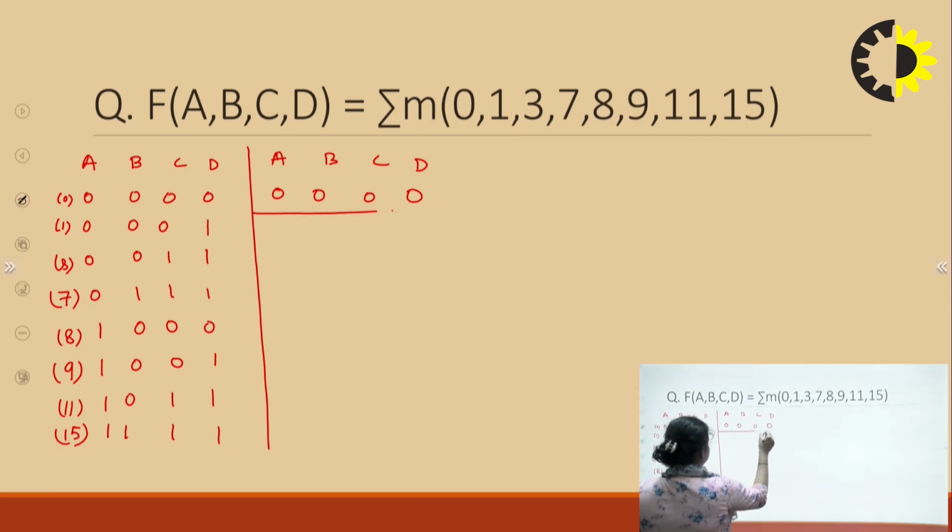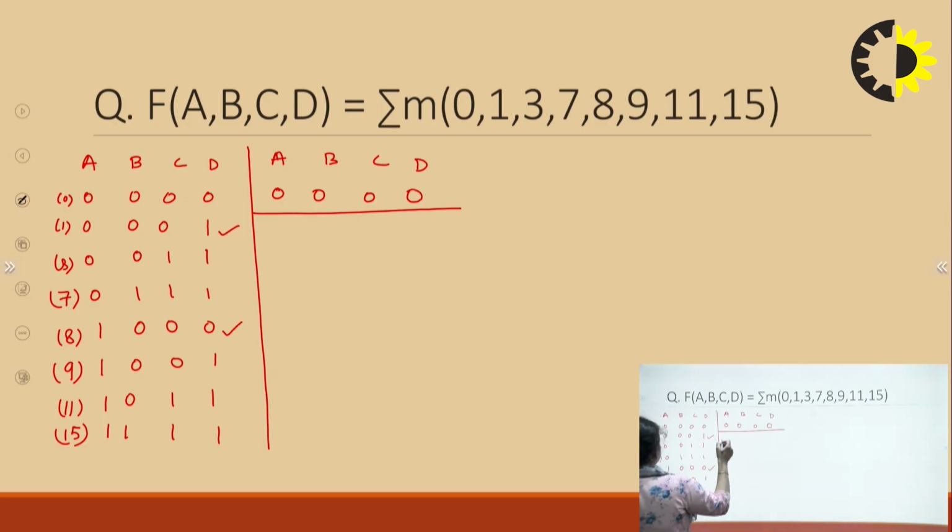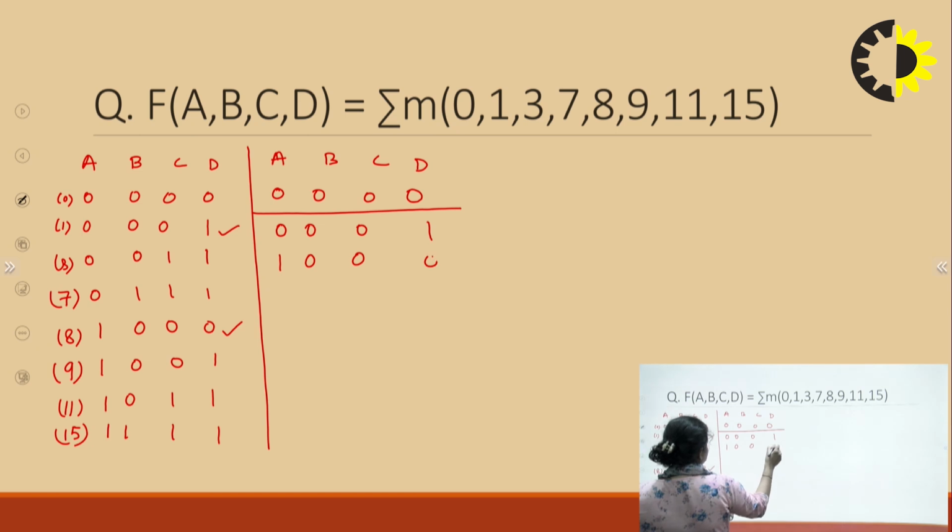Then separate this group with some line. Then we will write those numbers which have only a single 1. So we have a single 1 with 1, and we have a single 1 with 8, right? So I will be writing 0, 0, 0, 1, and then 1, 0, 0, 0, right?